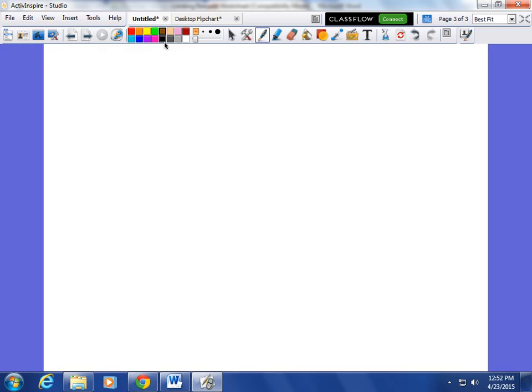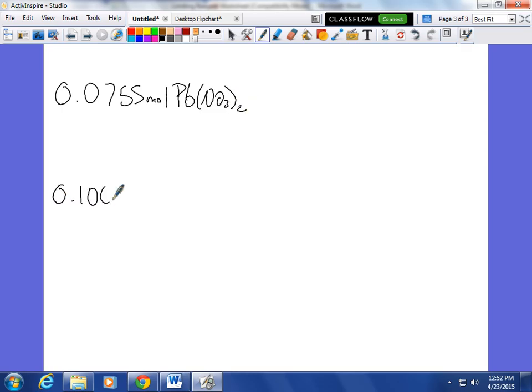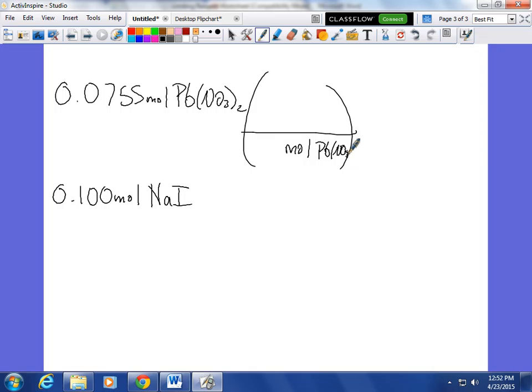So we had 0.0755 moles of Pb(NO3)2 and then we have 0.100 moles of NaI, and we're going to moles of the unknown. I hate writing polyatomic compounds. What's the compound they're asking us to go to in the question? Sodium nitrate, NaNO3.